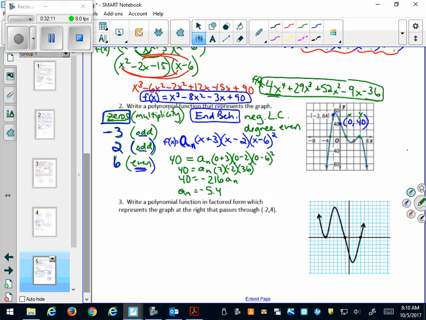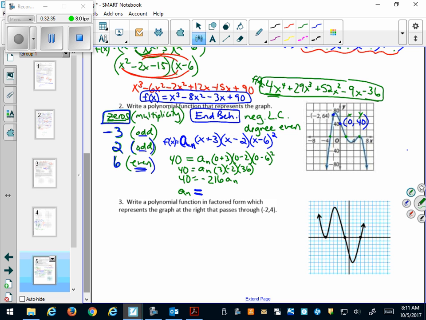All right, so if we rewrite our, yep. Oh, that's what I meant to do. Yeah, sorry. Thank you. Bad mistake there. Right, we're dividing by negative 216. I did it backwards. So it should be 216 divided by 40.